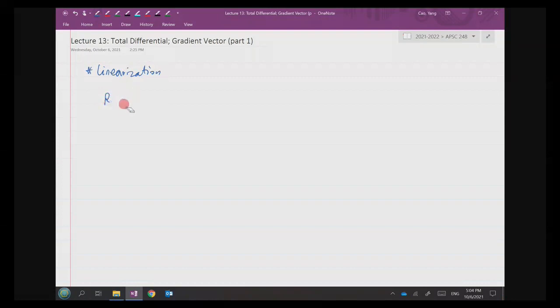If you recall, let's start from the simple one, a function of a single variable. Let's say somebody asks, can you approximate this function at x equal to 2?